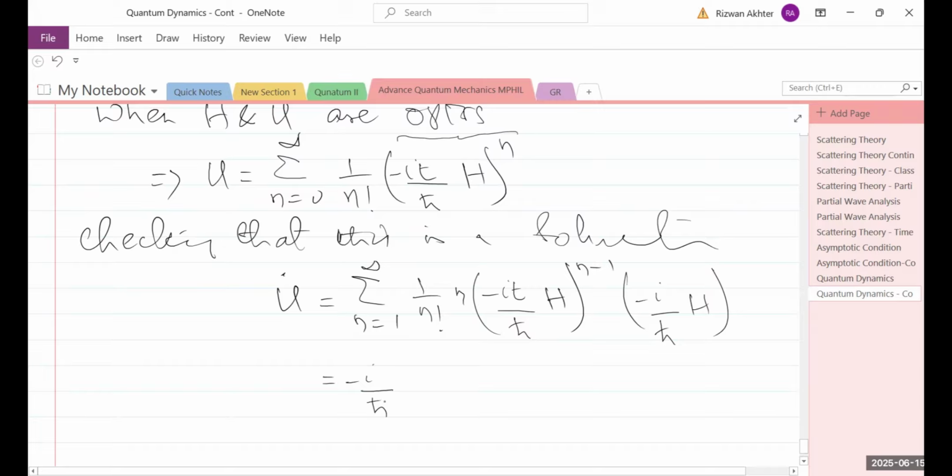So we would have minus iota over h bar times H, summation over n going from 1 to infinity, 1 over n factorial times n times minus iota t over h bar times H, the whole to the power n minus 1.